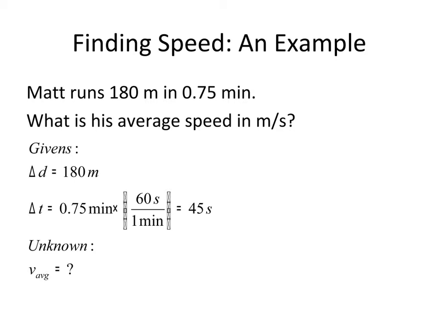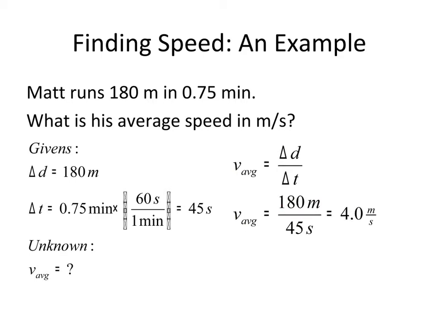We'll convert the time, because we want meters per second for our units in the end, which means we need time given in seconds. So 0.75 minutes times 60 seconds per minute gives us 45 seconds. Using our average speed formula, delta d over delta t, we've got 180 meters divided by 45 seconds, or 4.0 meters per second.